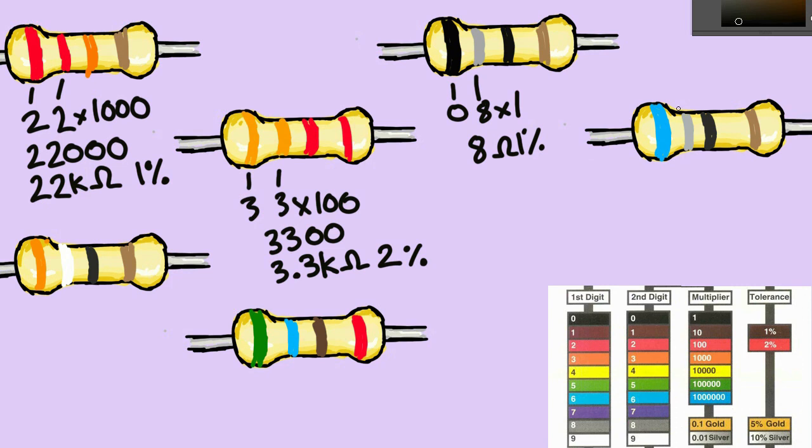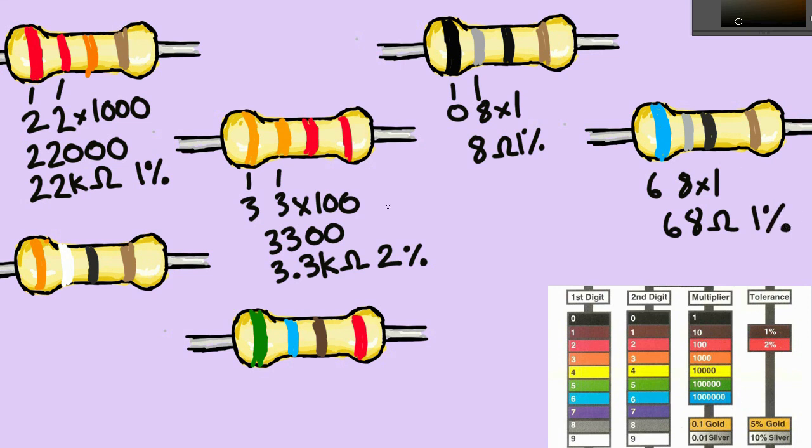The next resistor we're looking at, the first band is a 6, the second band is an 8. We're going to multiply that, and we know that the multiplier black is a 1, so we've got 68 times 1, giving us 68 ohms. And our brown tolerance band gives us 1%.